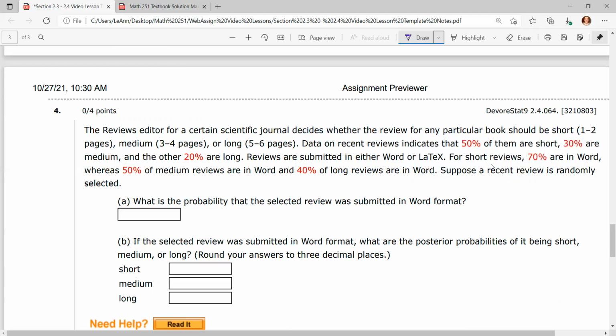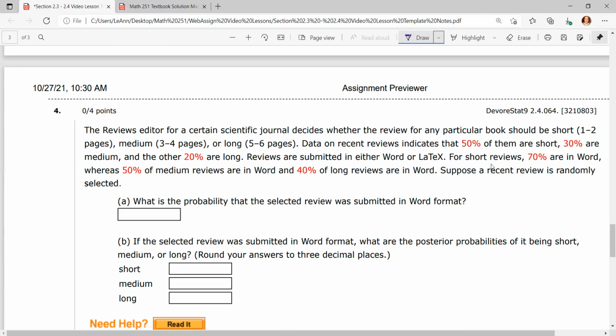And Bayes' theorem is one that we use when we're looking for posterior probabilities, where we have the end result answer. So it's a little trickier. There's a formula for that.